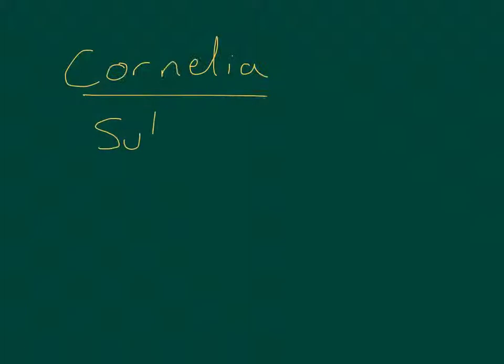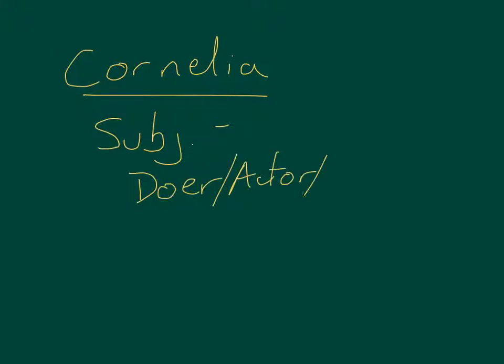So in all of our terminology, Cornelia there is the subject. She's the focus of the sentence. She's the one doing the action, so we can think of the subject as the doer, or as the actor, or as the focus.